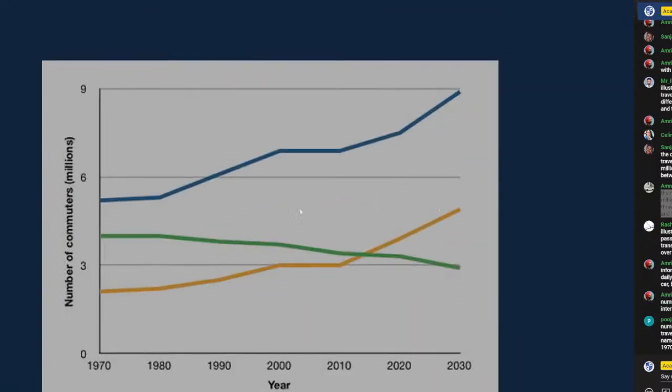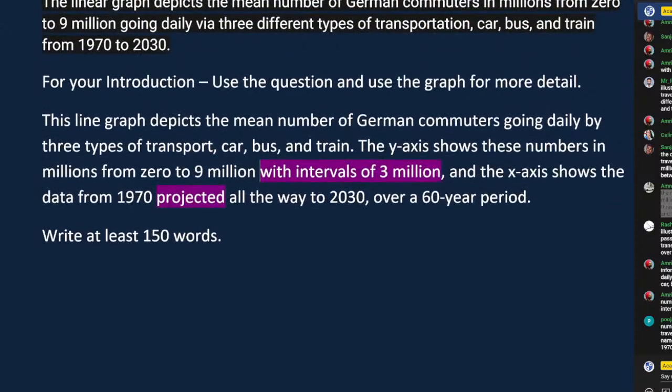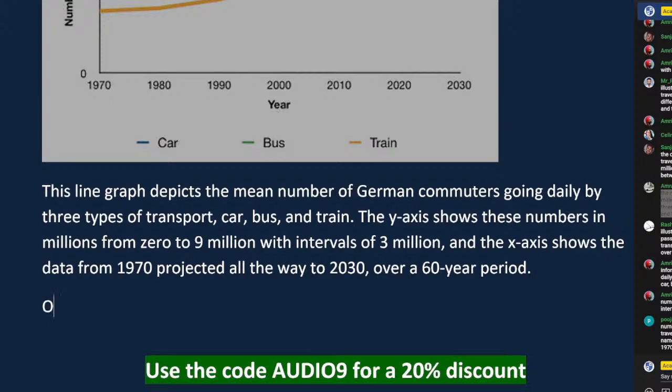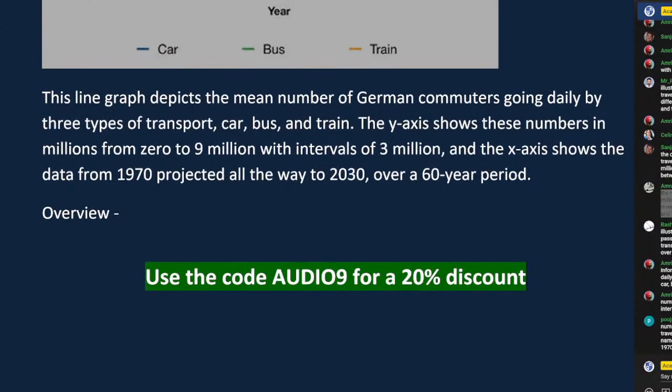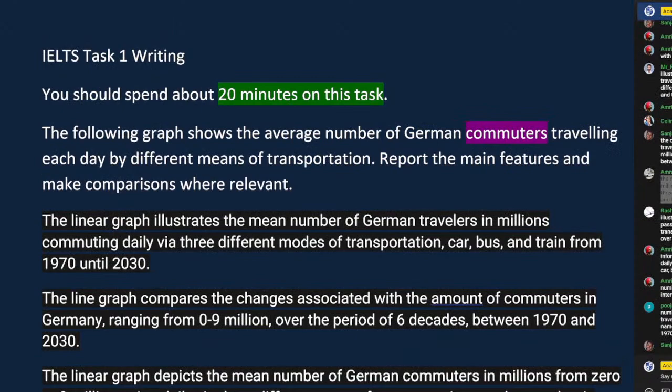All right, and now comes the overview. And for the overview, we're going to use the graph, of course, a little bit more. So what is the overview? The overview, I'm going to take it down here. Okay, so overview is the main feature of the graph. And you can often see the question asking you that, right? So here in the question it says, report the main features.